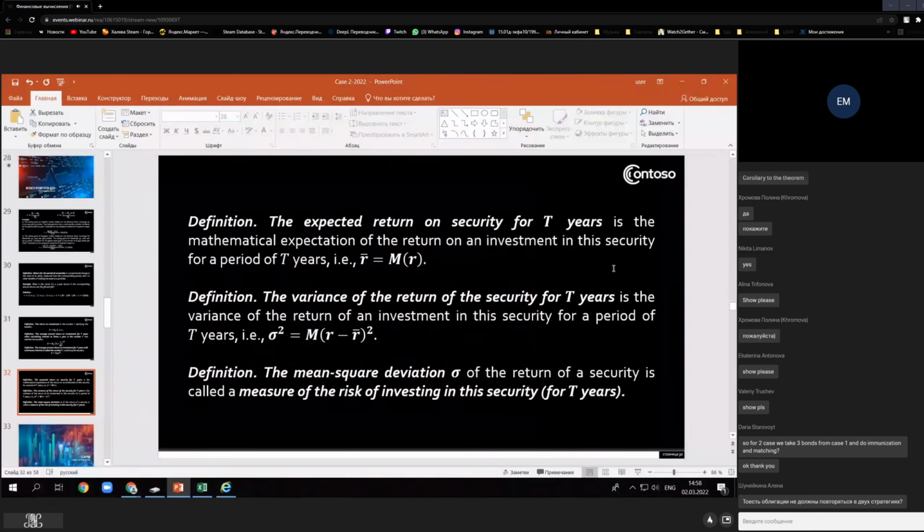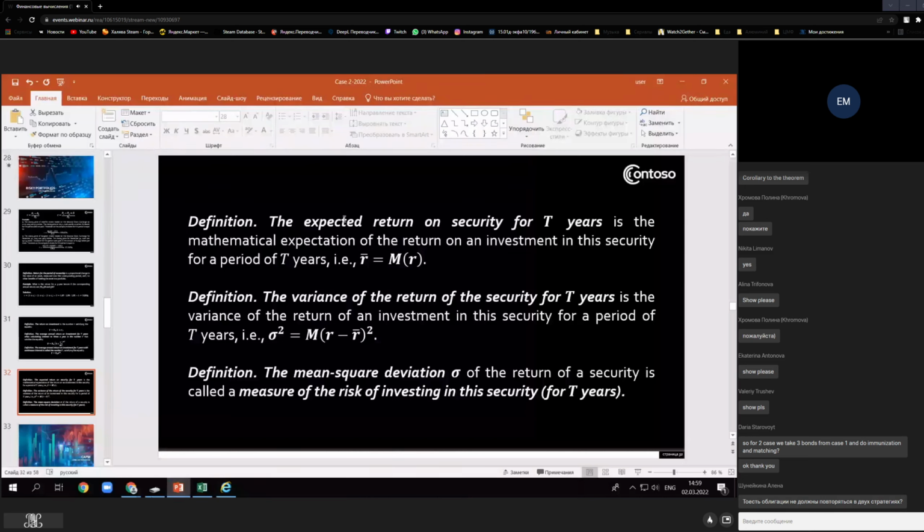In real life, you don't know the distribution function, but sometimes you know or you assume the distribution function will have the following form. Okay, if you have it, you will implement this approach to calculate the risk and the expected return of a particular asset.